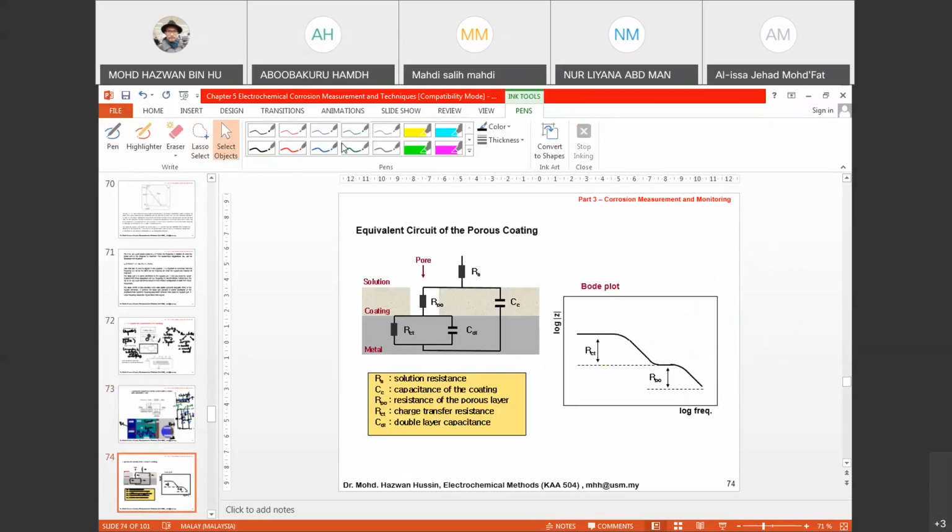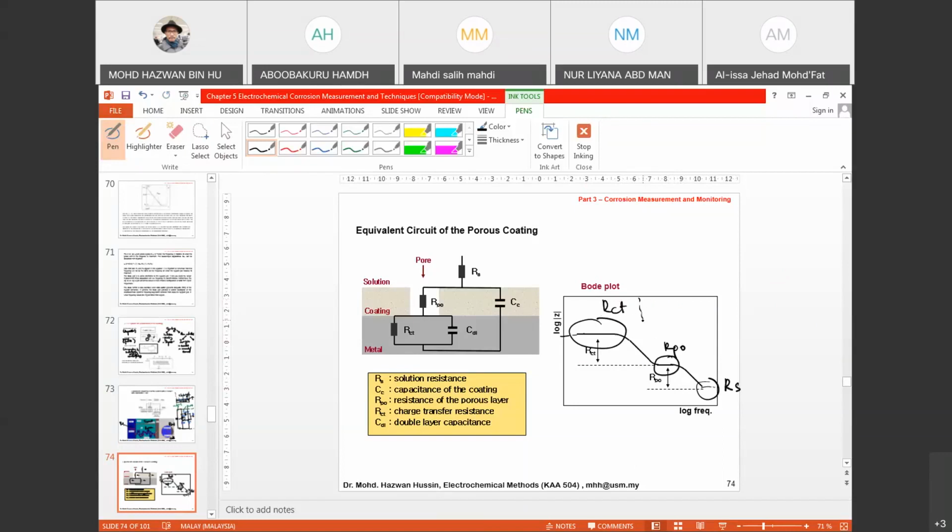Basically, for a porous coating, the Bode plot that you will observe forms three steps. One over here, another one over here, and maybe one here. It's low, cannot see. So this is the charge transfer resistance, and you have the pore resistance, RPO, and finally you have RS.